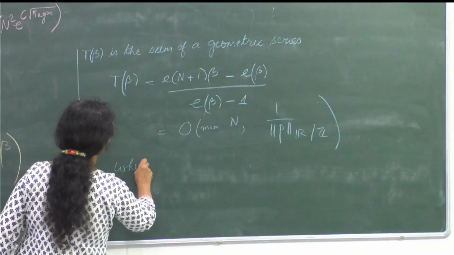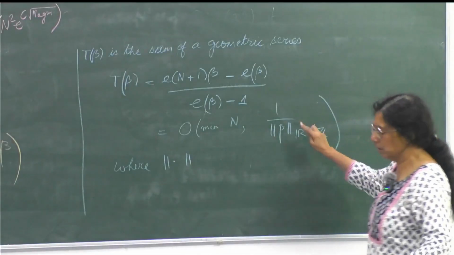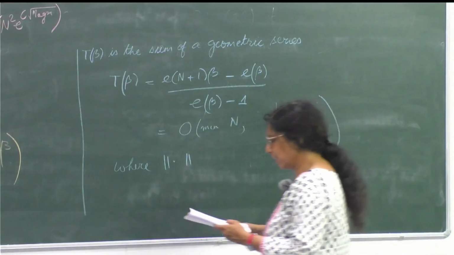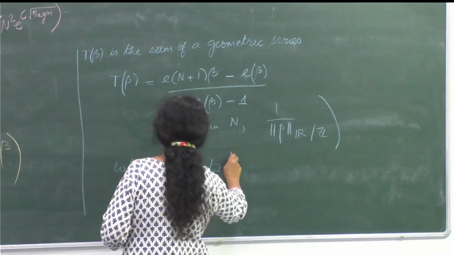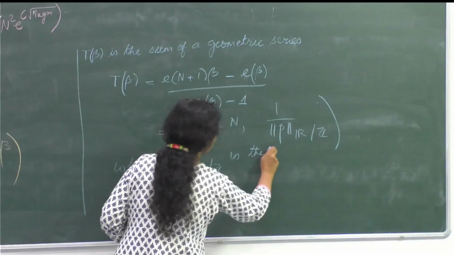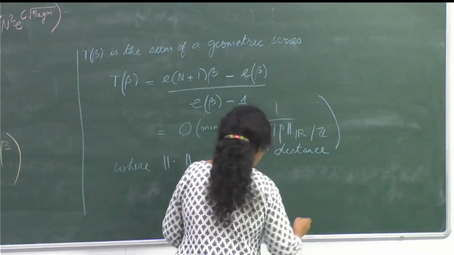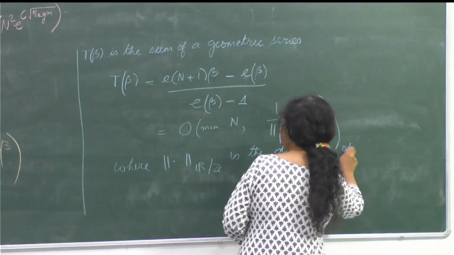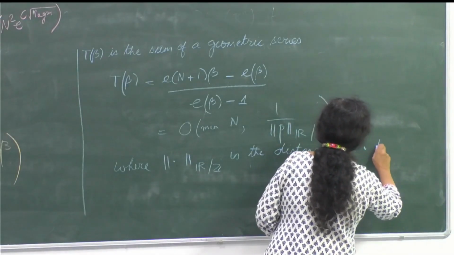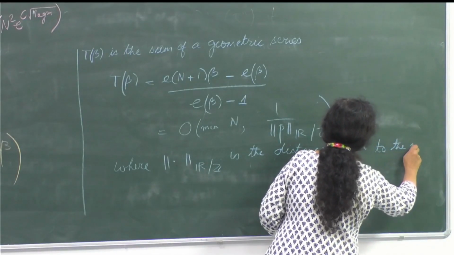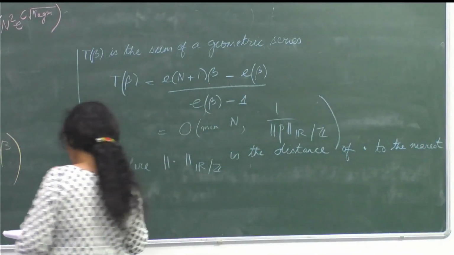This symbol here means that this is the distance of whatever is in here to the nearest integer. You must have seen such things in the Diophantine approximations.